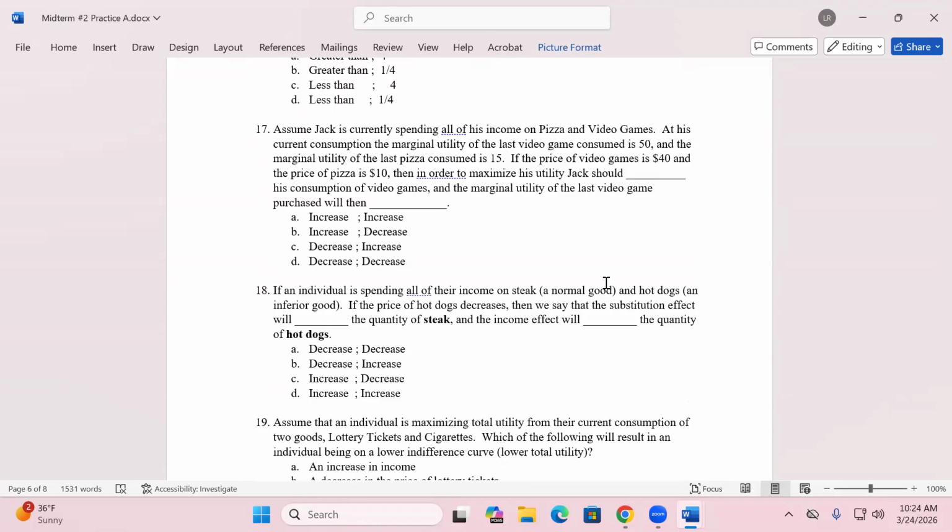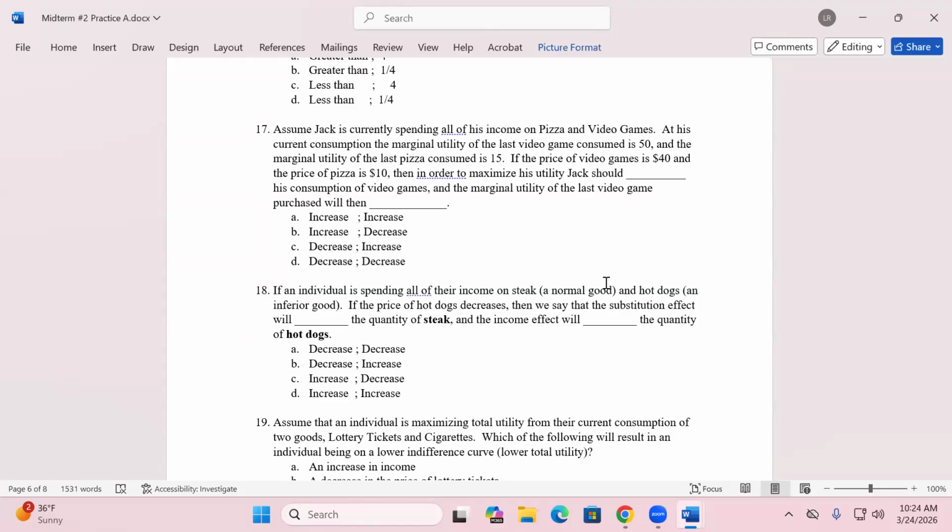So 17, we're looking at two goods. And we kind of talked about this concept earlier, where the marginal utility per dollar we're spending should be the same, right? So in this example, we've got pizza and video games.